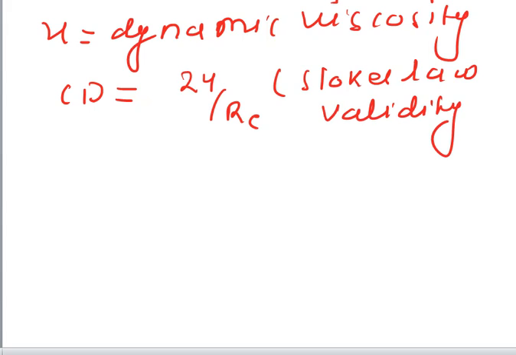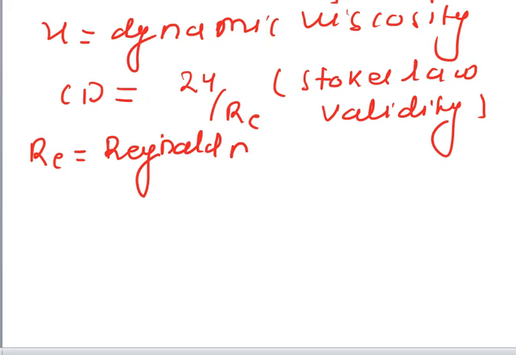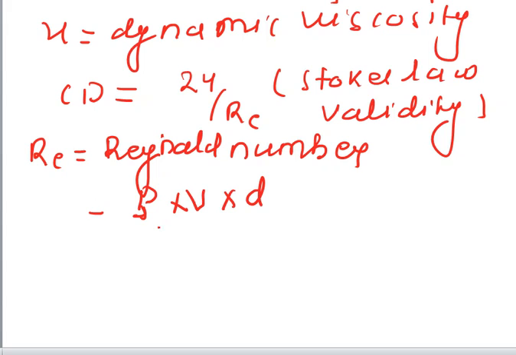Okay. From here we get the Newton. What is RE? RE is the Reynolds number, which goes like rho into V into D over the coefficient of dynamic viscosity, rho V D over nu.